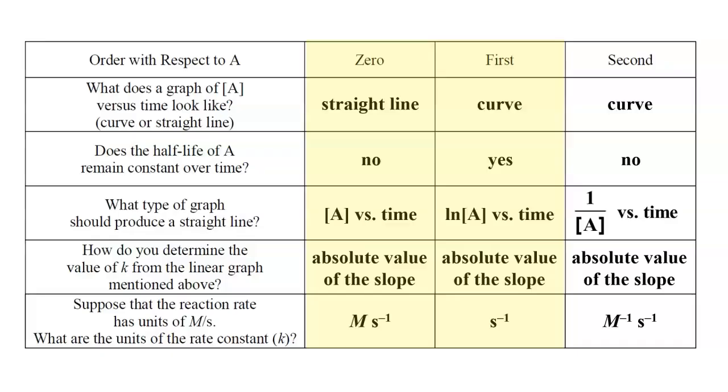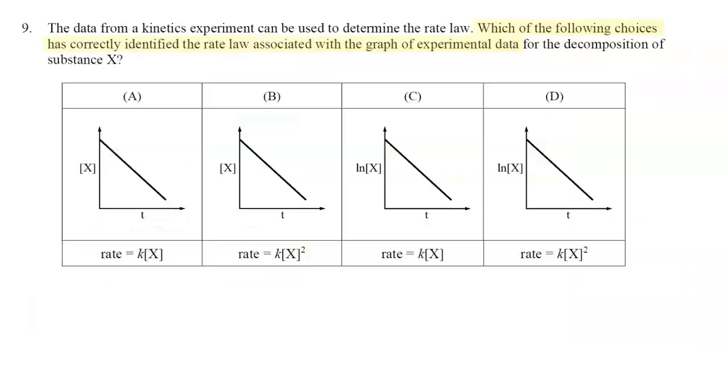If the plot of natural log of concentration versus time is linear, then the rate law would be first order. So concentration versus time is linear in choices A and B. That would be zero order. And natural log of concentration versus time is linear in choices C and D. That would be first order.